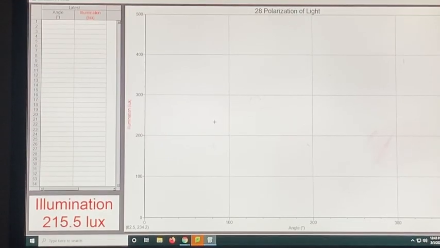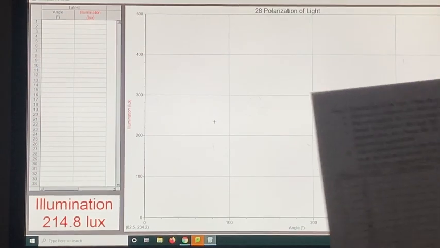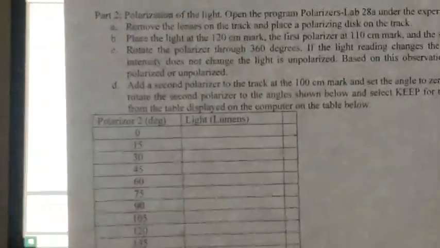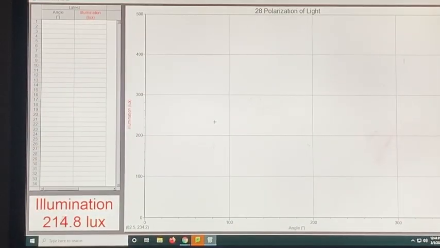All right. As I just explained, we're now doing the second part of the lab, on polarization of light. The first thing we're going to do is have one polarizer.